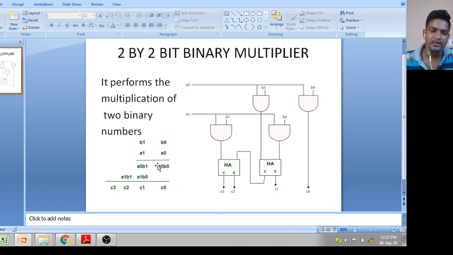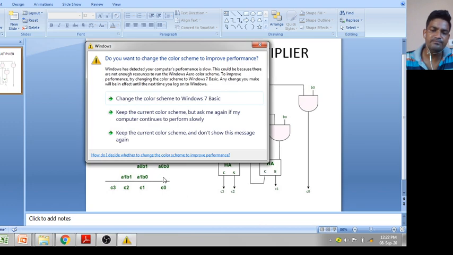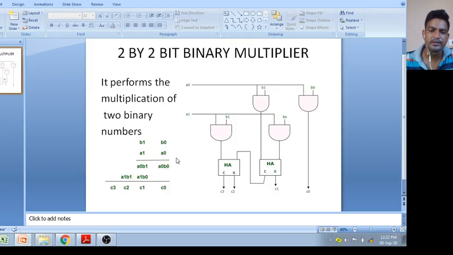Now in this case, it will be the LSB of the resultant multiplier, C0.